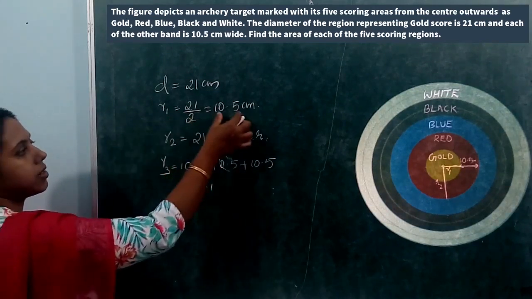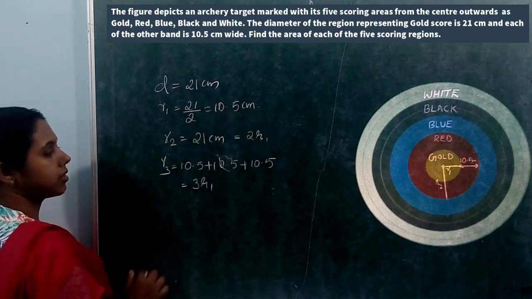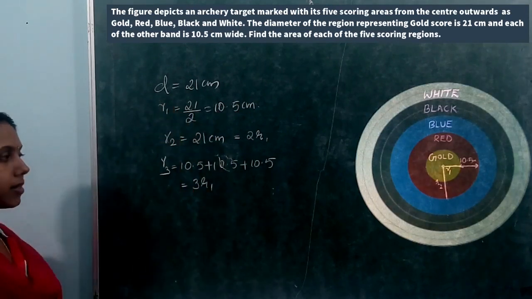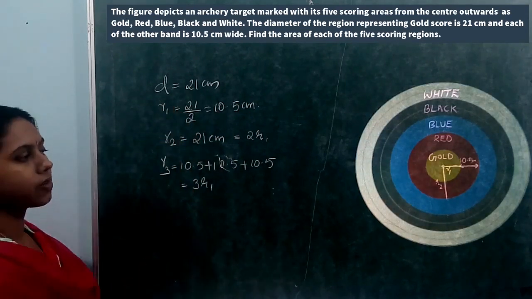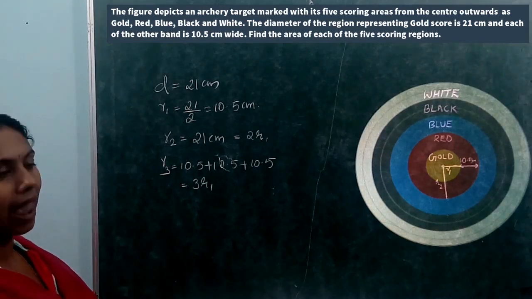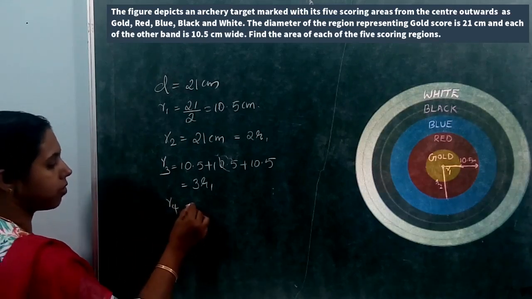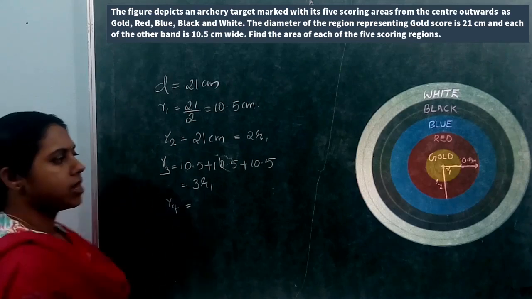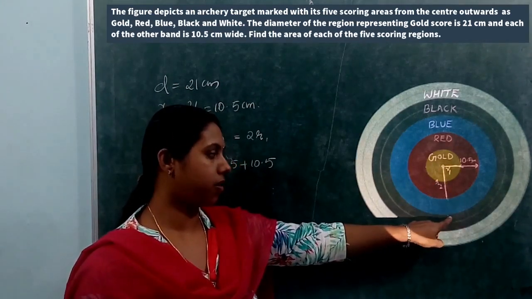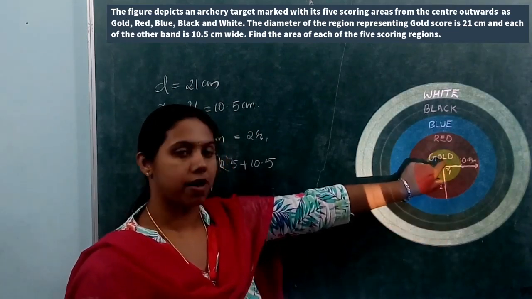So R1 is equal to 10.5, R2 is equal to double of this radius, R3 is equal to thrice of this radius. And next, the radius of the region gold, red, blue and black, you can represent as R4. So R4 is equal to 10.5 plus 10.5 plus 10.5 plus 10.5, 4 times R1.